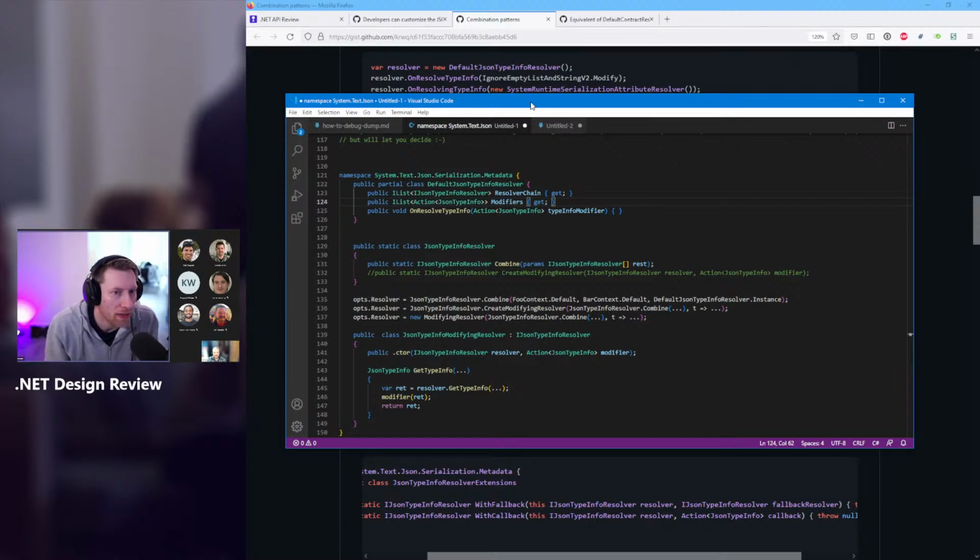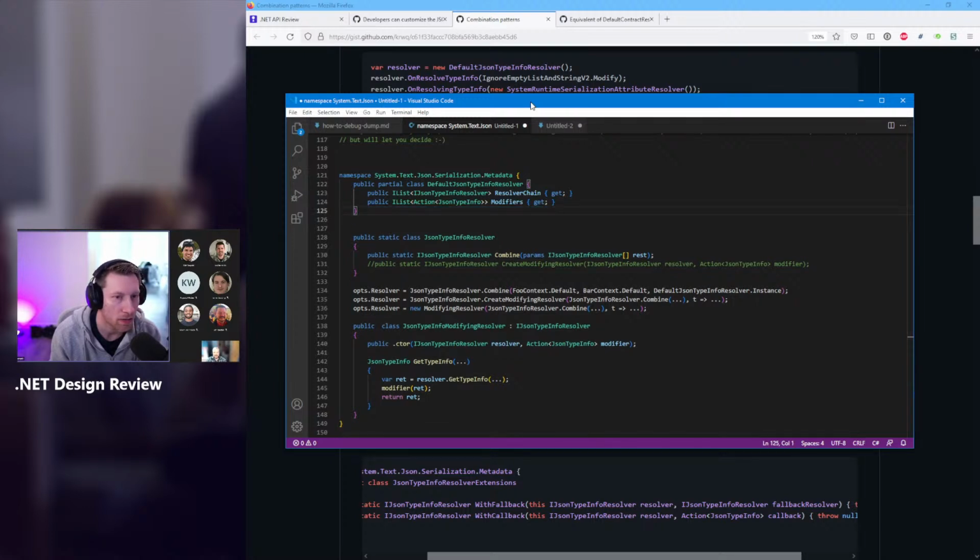And if you really say, okay, that's not flexible enough, then you derive from the type resolver and do whatever the heck you want at that point, right? But I like that because that is easy to read. Like you say resolver.chain.add or resolver.modifier.add, and that is brain-dead simple at that point.